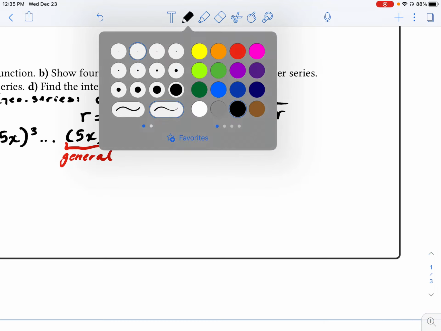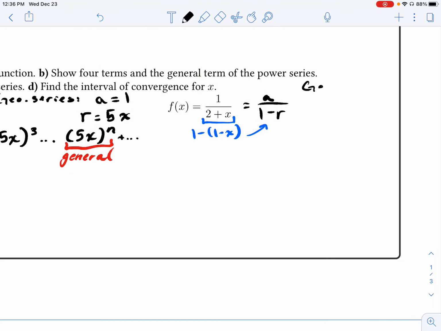So we can then say the following. This is a geometric series where our first term, a, is equal to 1, and our common ratio is negative 1 minus x. Okay, so writing this here, let's make this our a and b, f of x is equal to, let's write the first 4 terms.